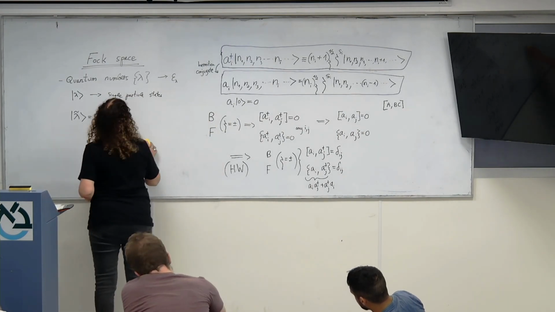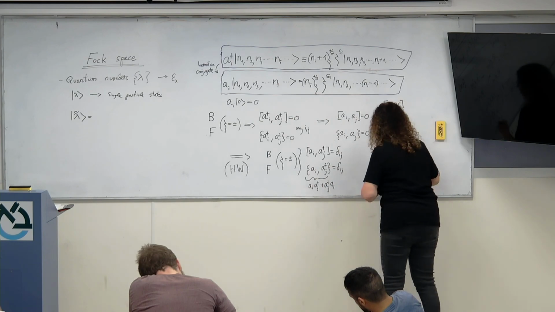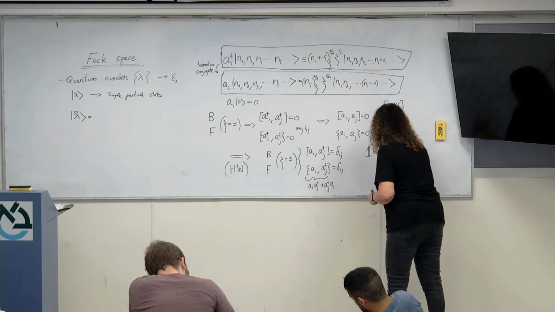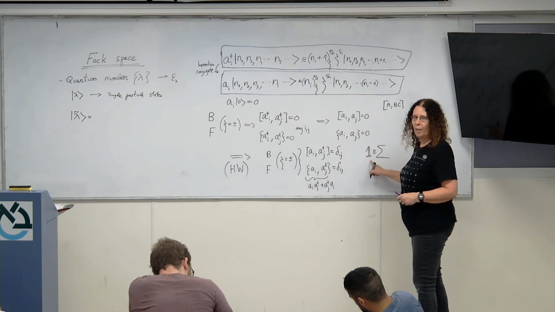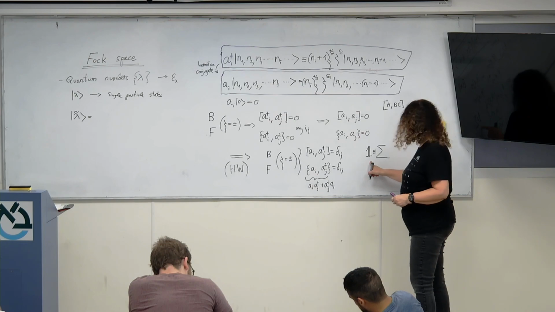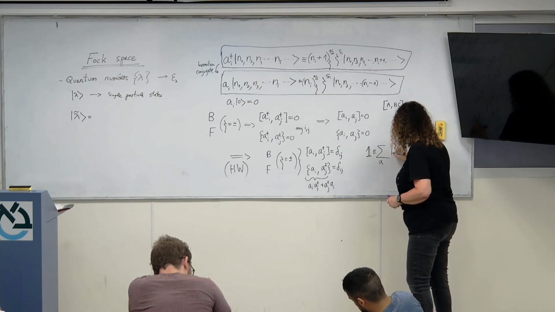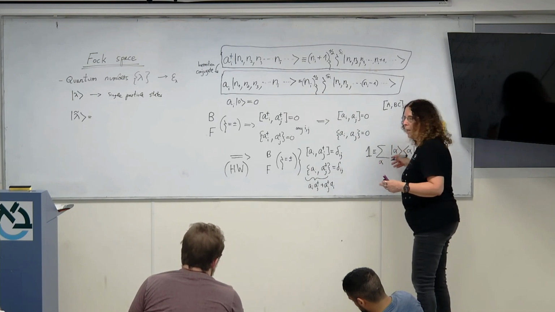Let's write it here. There are a lot of ways to write it, but usually the resolution of identity is a sum over a complete set of states, alpha.